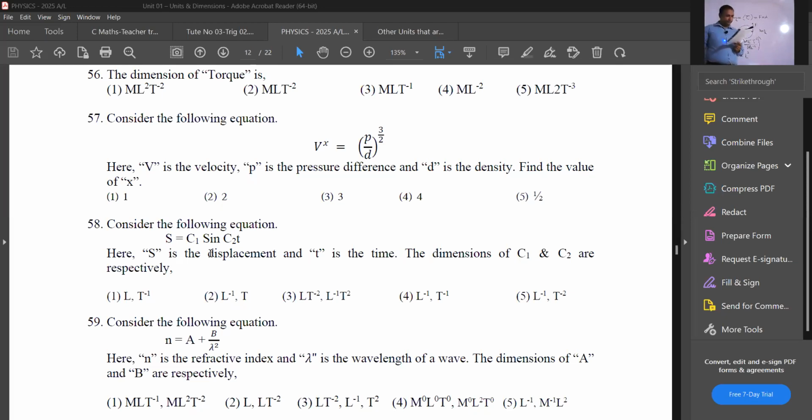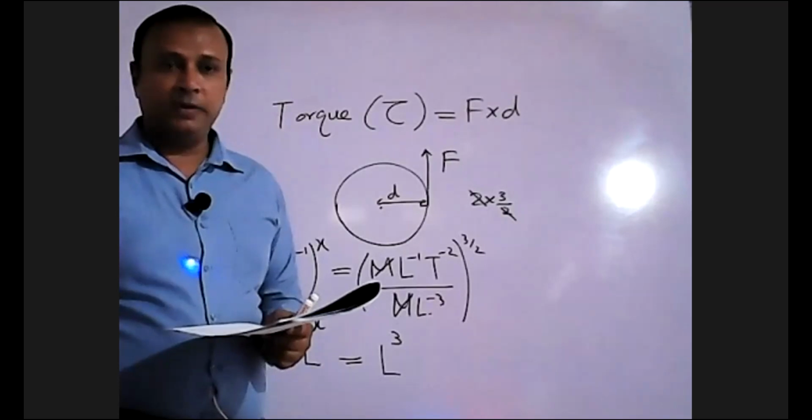So if S is displacement, they're talking about angular displacement. For sine there is no unit. So the length as r, so C1 is L and then C2 is T minus 1. In that case, your answer is very good. Your method is very good.